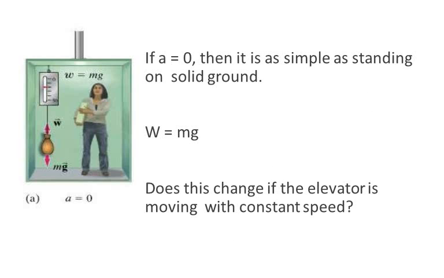A body can be in the state of weightlessness when it is falling freely in a lift as shown. We have already done this part in the laws of motion also.